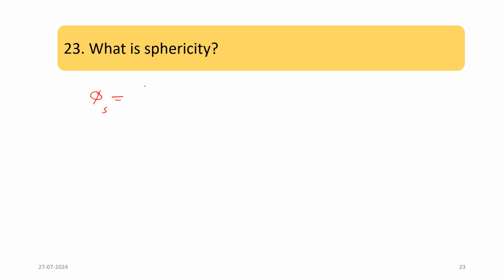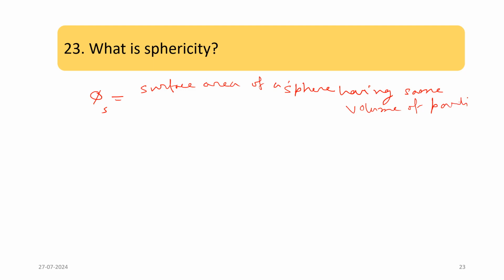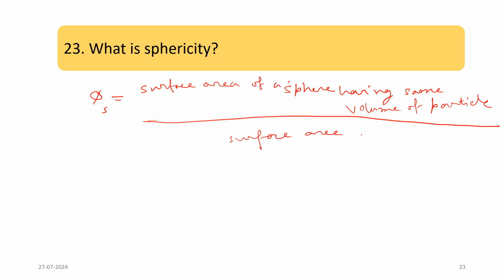It is the surface area of a sphere having the same volume as the particle, divided by the surface area of the particle. Here particle means any shape of particle we are considering.